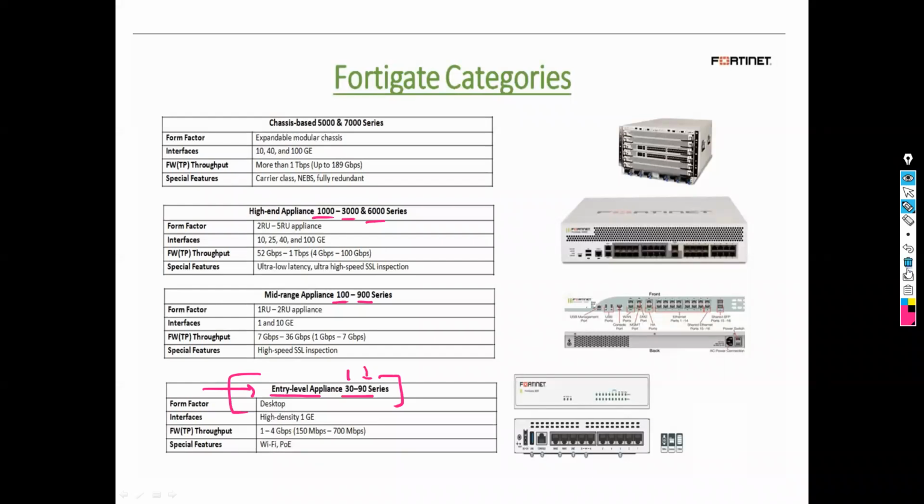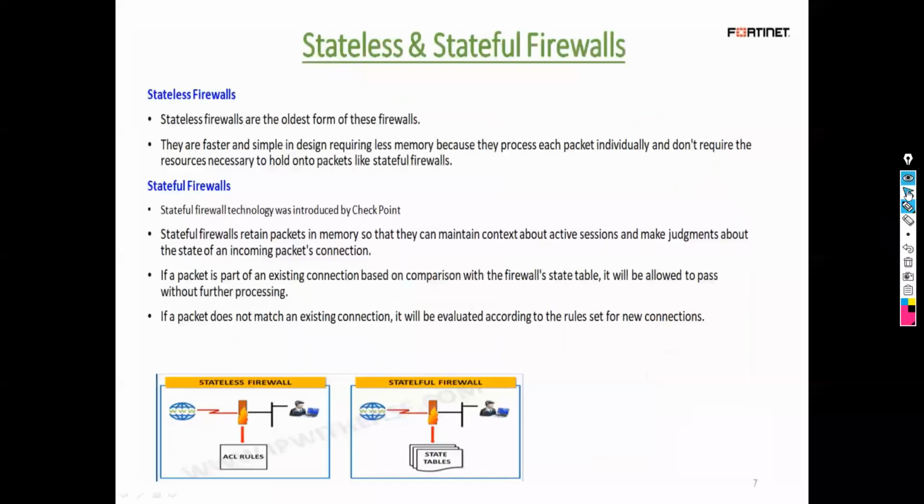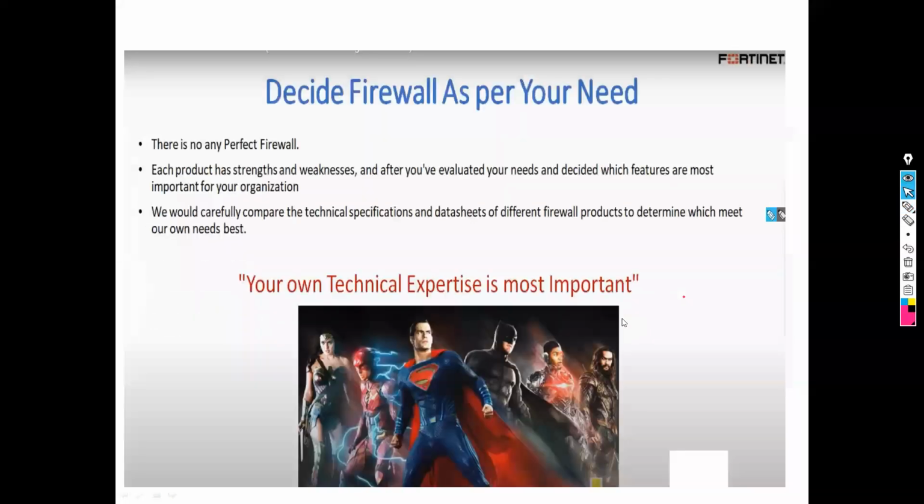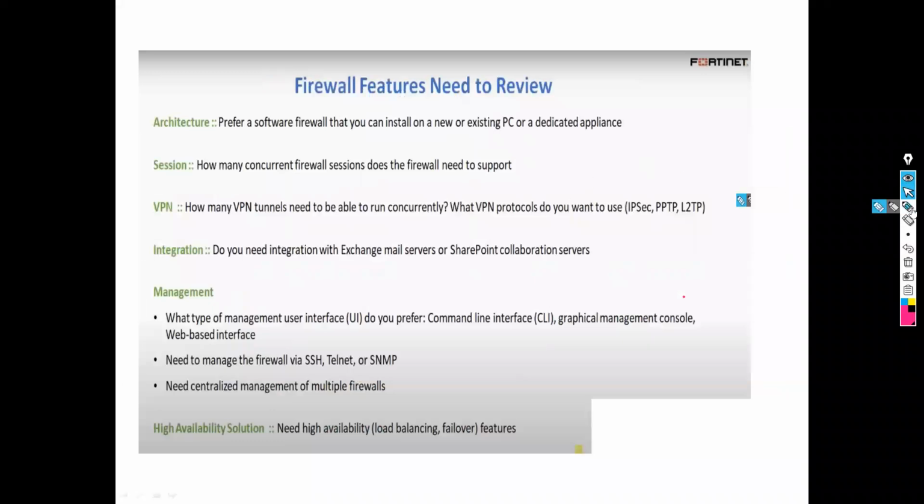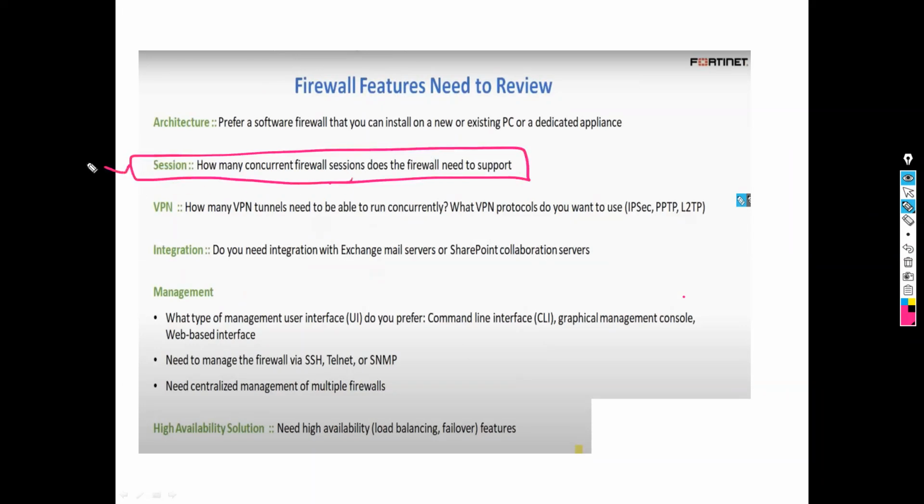So number of sessions is important, okay? In case you are working with a big organization, you need to go with the high-end or mid-range model. So how many concurrent firewall sessions does the firewall need to support? For this, you can check the data sheet.